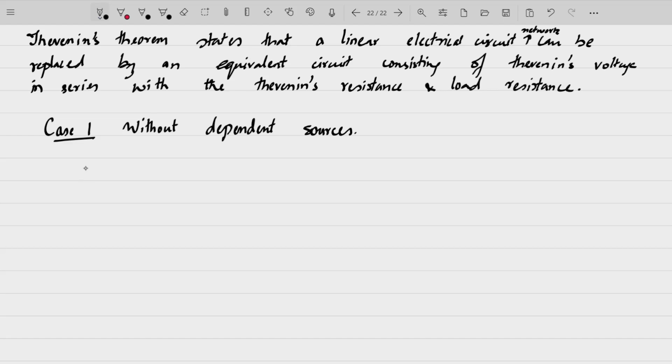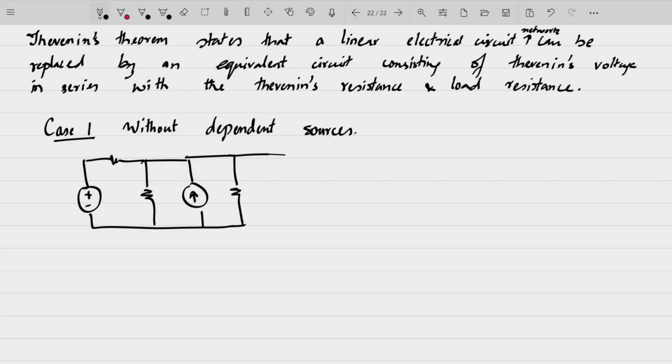What we can have, for example, is this network of circuits. RL is the load resistance.